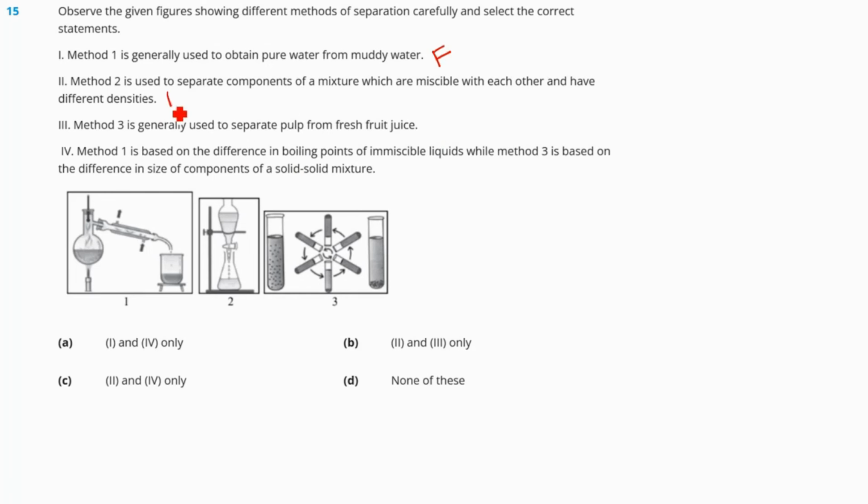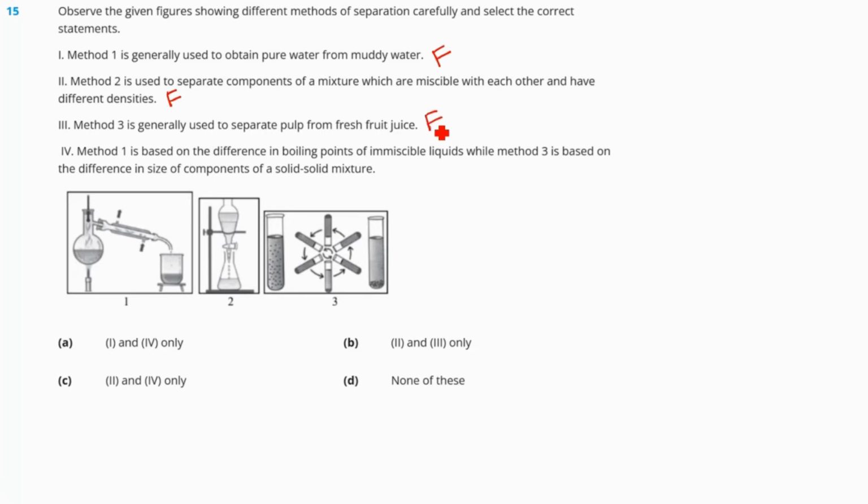So this is also false. Method 3 is generally used to separate pulp from fresh fruit juice. So this is a method of centrifugation. Centrifugation is generally used to separate the heavier particles from the less heavy particles. So this is also false.